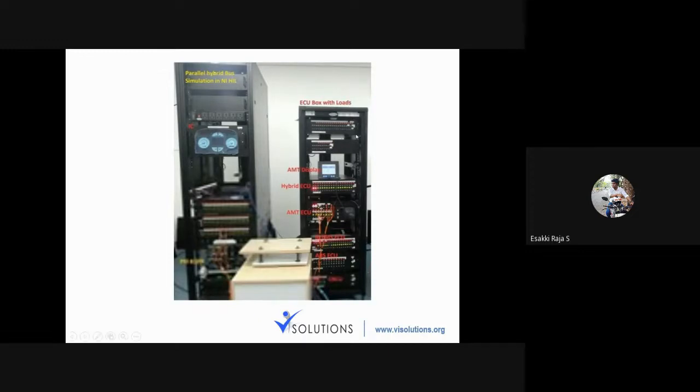The right side one is an ECU, from which we get the control strategies for an inverter, or any communication protocol like CAN protocol. The ECU box holds those. They will be running several tests on it. So this is the setup from Tata Motors.